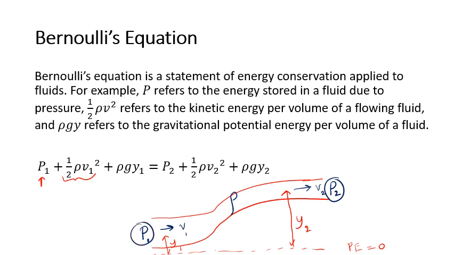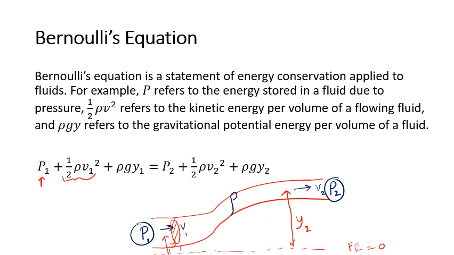If you think in this way, we can refer to the second term over here as the kinetic energy of the liquid flowing through this part. If you take the cross section over here, that is the kinetic energy on this part.